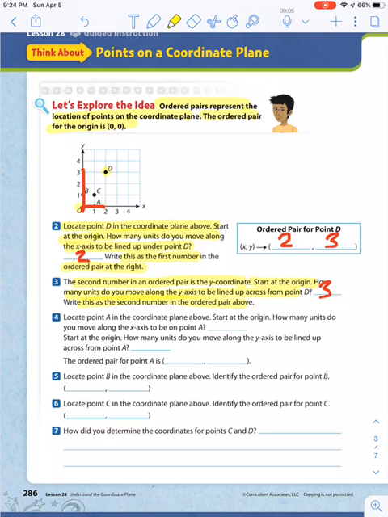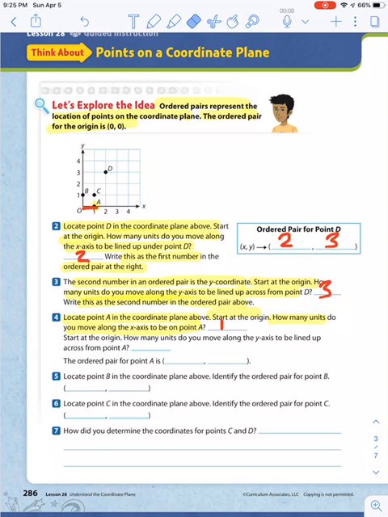And now it wants us to locate point A in the coordinate plane above. Start at the OG, the origin. How many units did you move along the x-axis to be on point A? So maybe I'll do this so you guys see a little better. We are trying to get to A. So from the OG, we are going to crawl just 1. We moved 1 space.